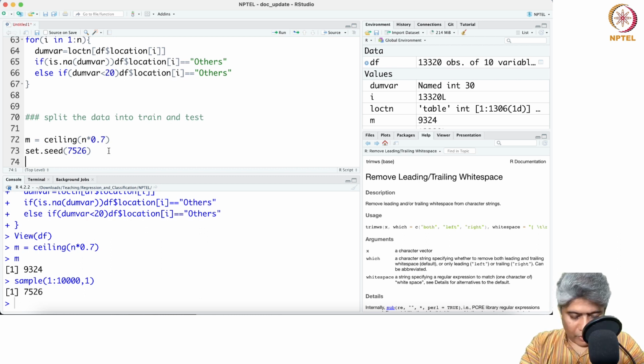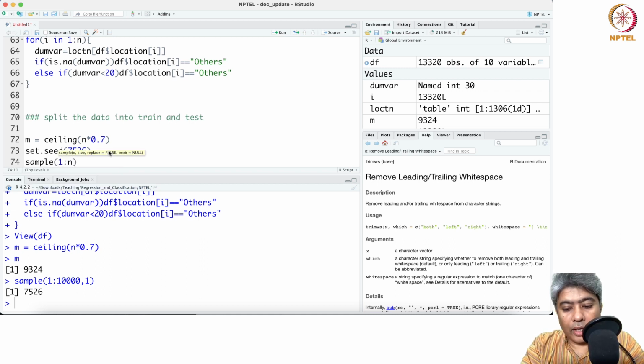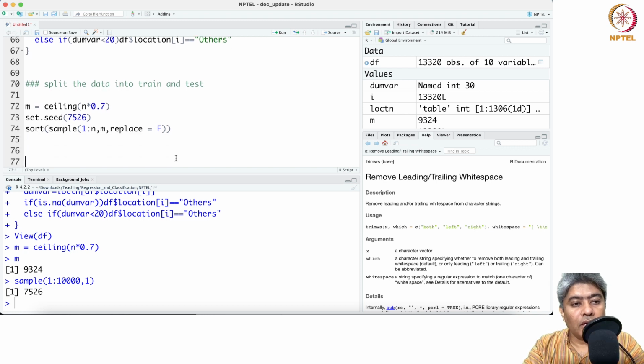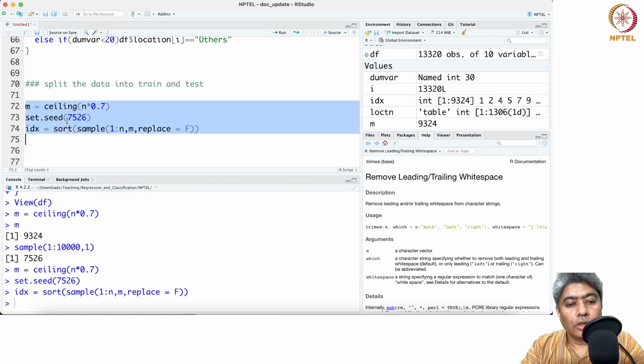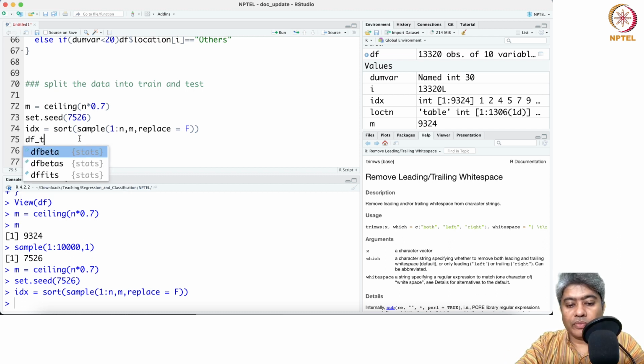Then I'm going to draw a sample from 1 to n, m many samples, with replace equal to false, and then sort it. It's a one-time sort, don't worry about that. These are the IDs I'm going to draw, and if you use the same seed you will get the same split, so my result and your result will be the same.